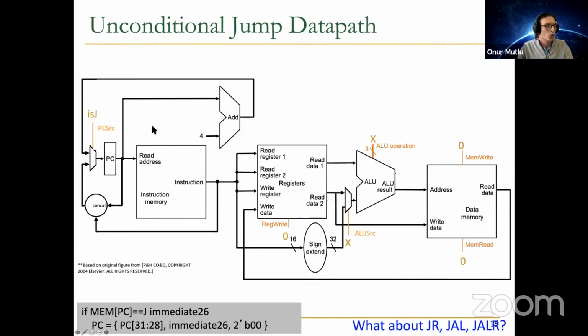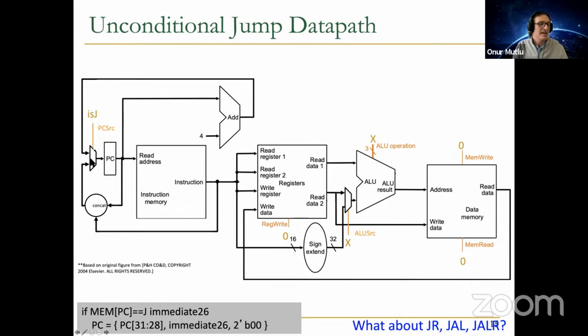More jumps, more target addresses. Depending on how you form the target address, you need to increase the size of this multiplexer on the left-hand side, because there are different ways of calculating the next PC, the program counter, with different jumps. For example, jump register. If you remember the semantics, and I will show you in the next slide, jump register reads a register, takes the value of the register, and puts it into the program counter.